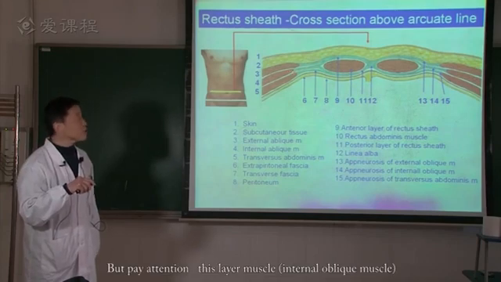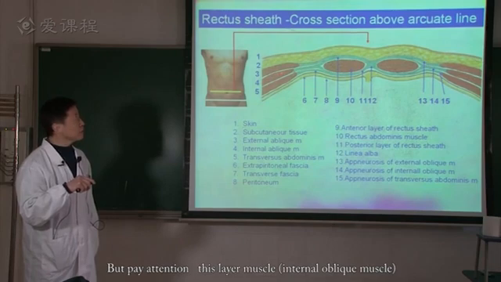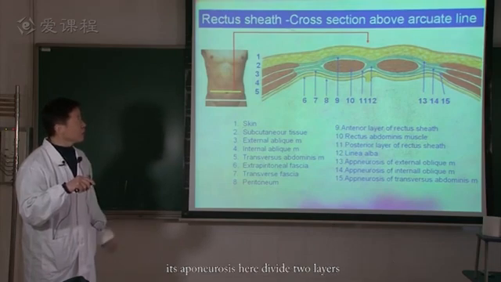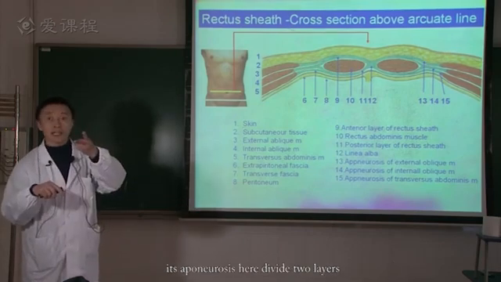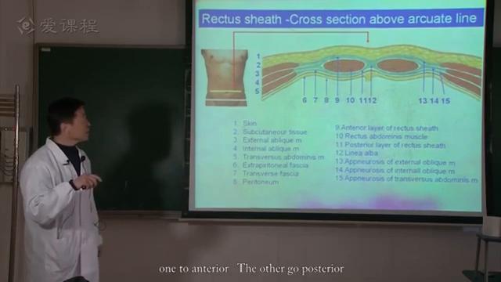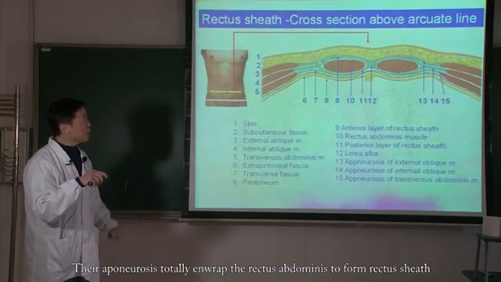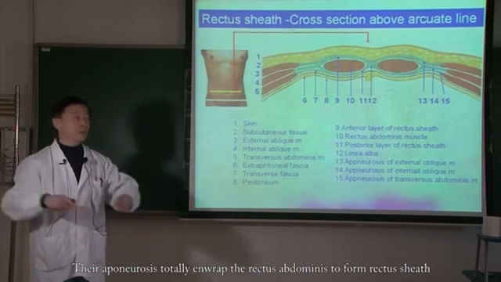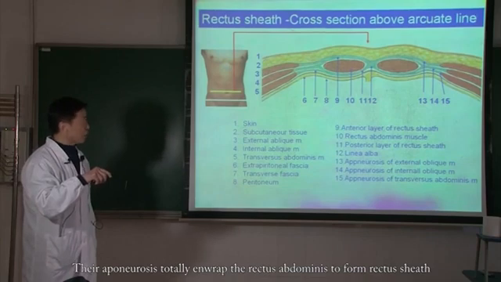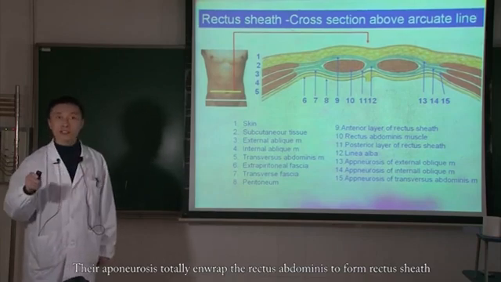But pay attention, this layer, the internal oblique muscle, its aponeurosis is divided into two layers, one to the anterior, and the other going posterior. Their aponeuroses totally enwrap the rectus abdominis to form the rectus sheath.